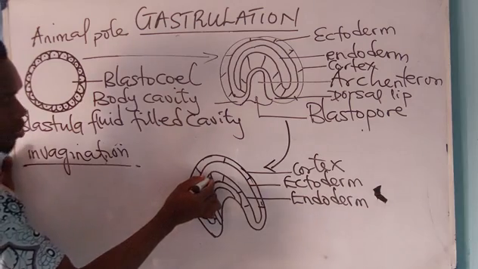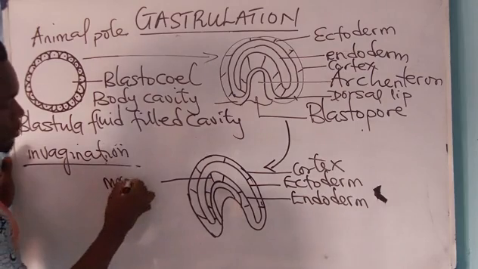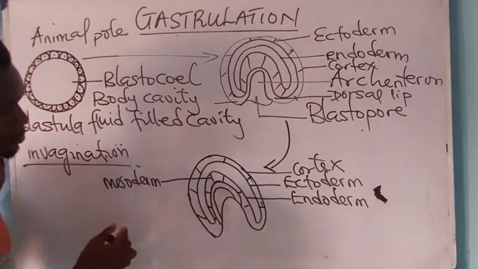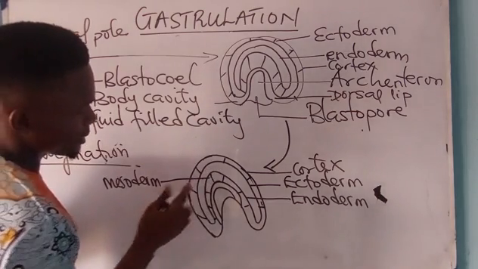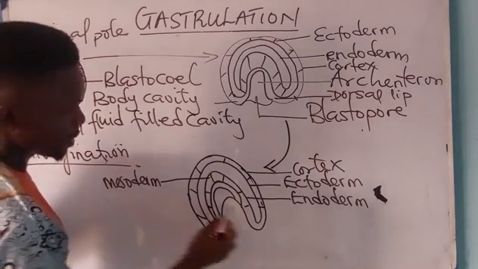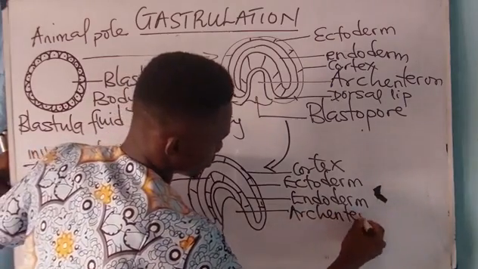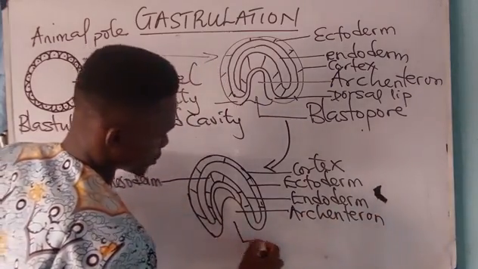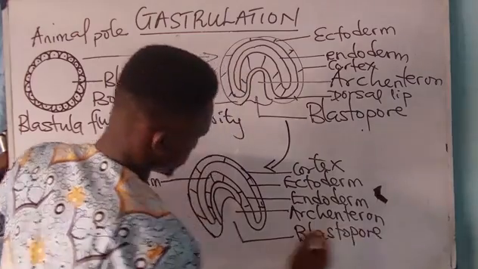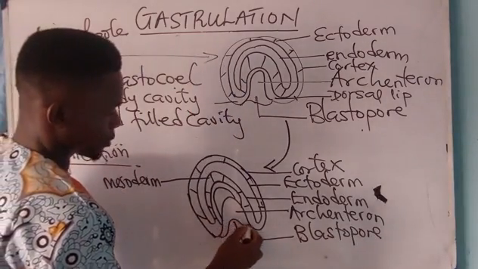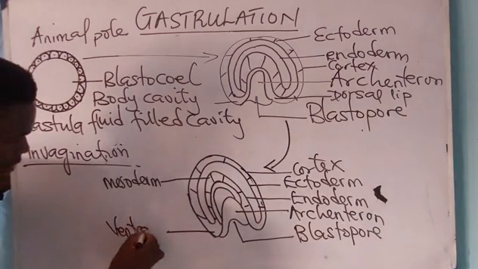Then on the roof of the archenteron, that is where you have the mesoderm. And of course the archenteron. Here of course is the blastopore, and here is the ventral lip.